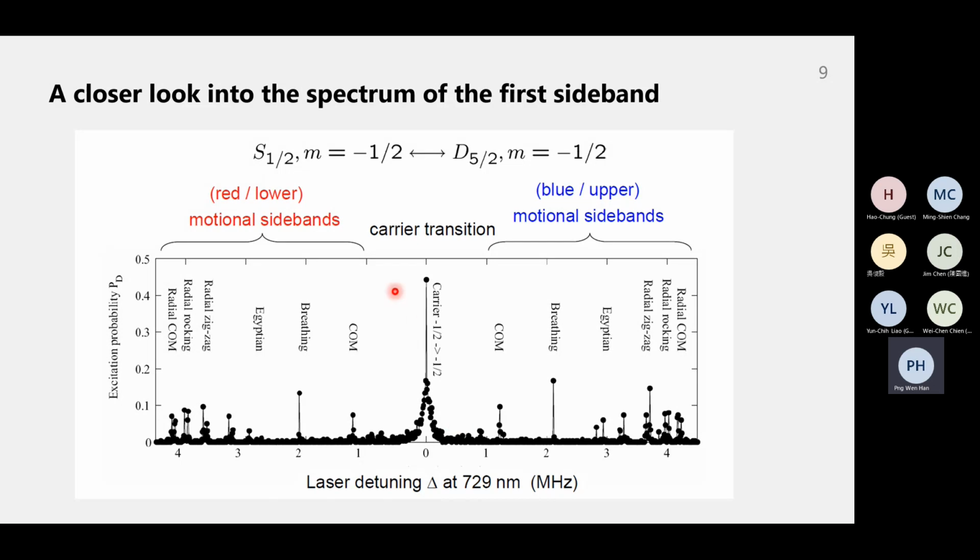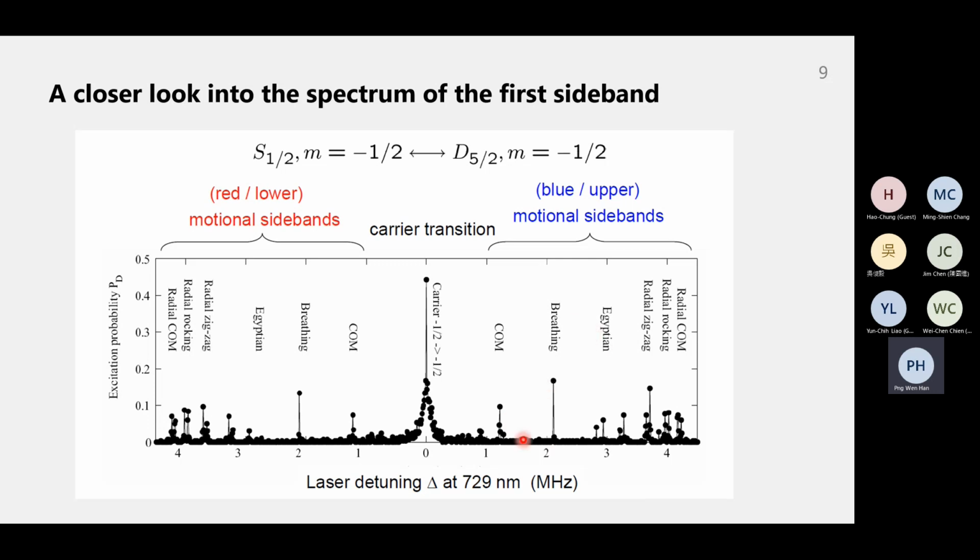The center one is the carrier transition, which drives between spin up and spin down. When your detuning is tuned away from the carrier transition and is in the megahertz regime, that's when you start to see the motional sidebands.